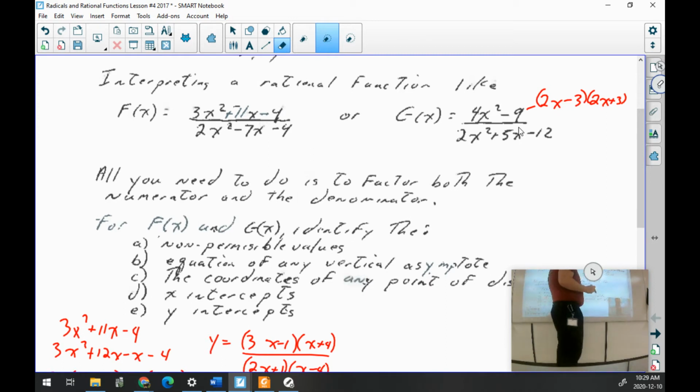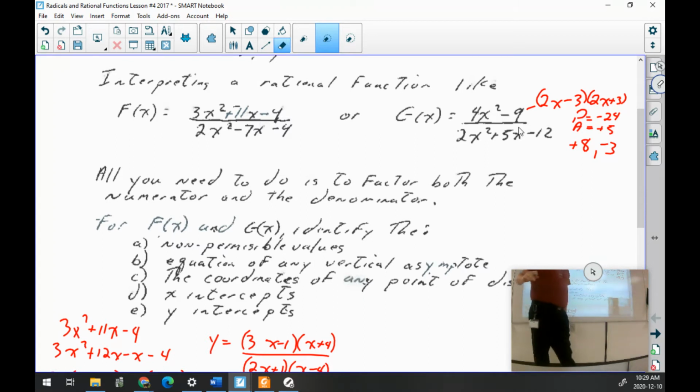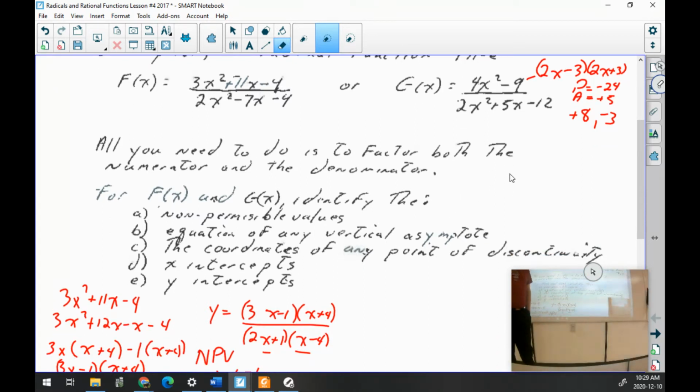And the bottom, two numbers that multiply to negative 24 and add to positive 5. Negative 3 and positive 8 will multiply to negative 24 and add to positive 5. Trial and error is possible, but since that 12's got more factors than I really want to work with, I will do decomposition.